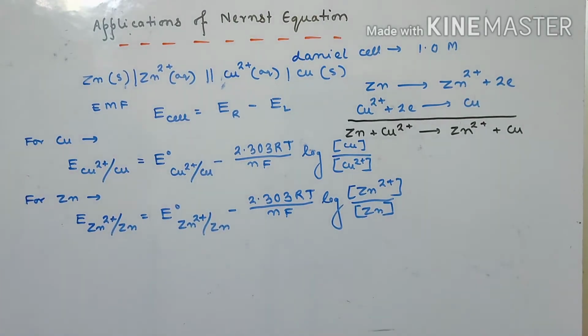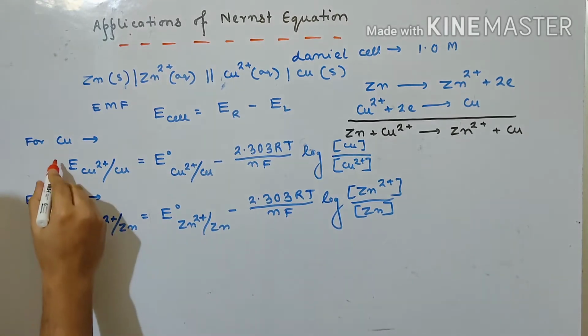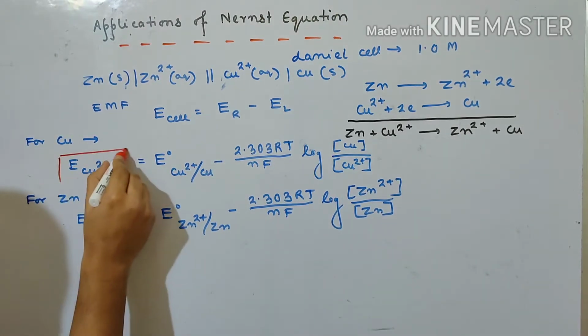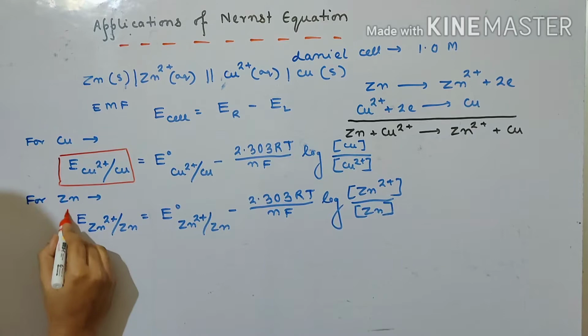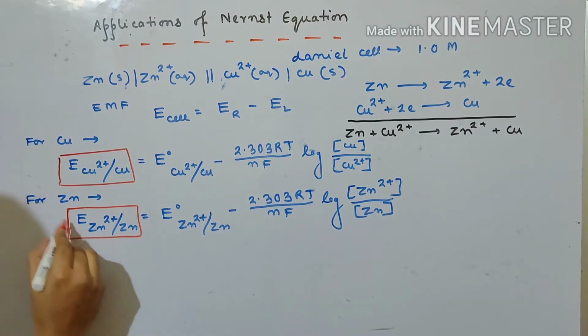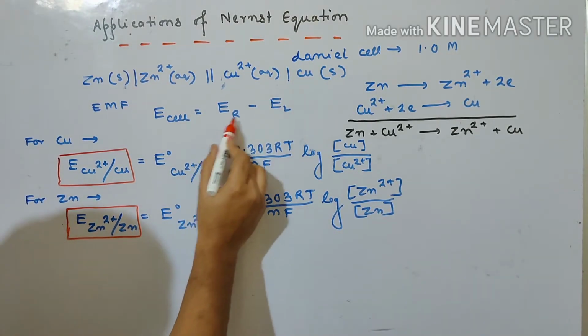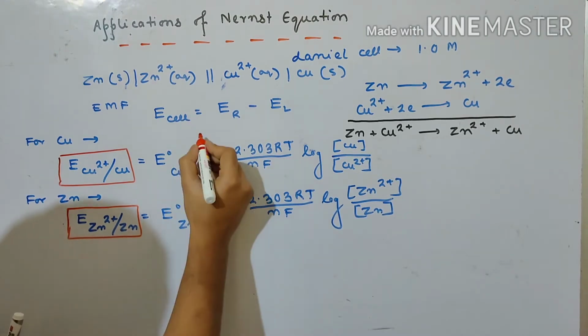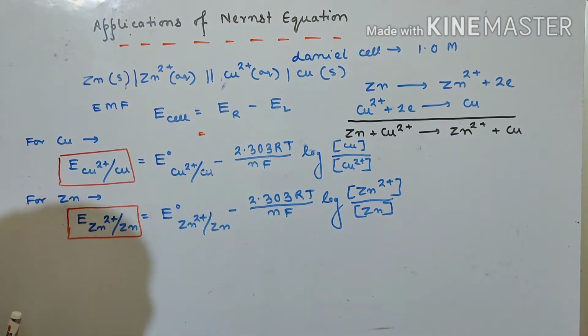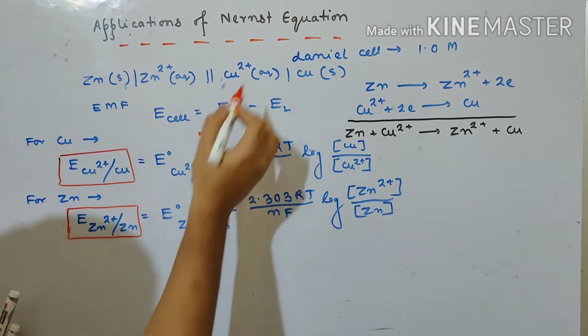Now, see carefully these two values. Here, ER minus EL. What do you think? ER means cathode, and cathode means copper.